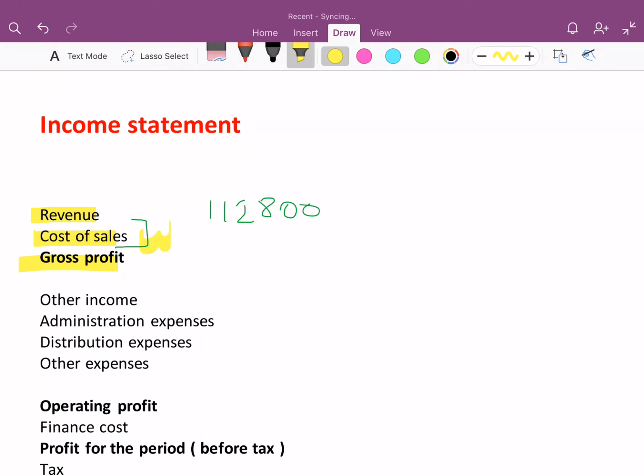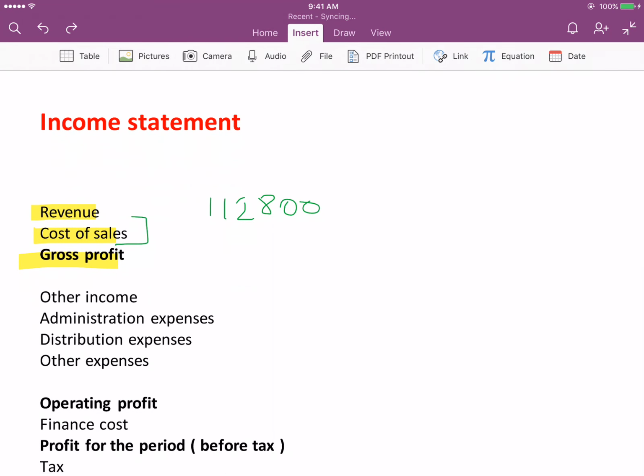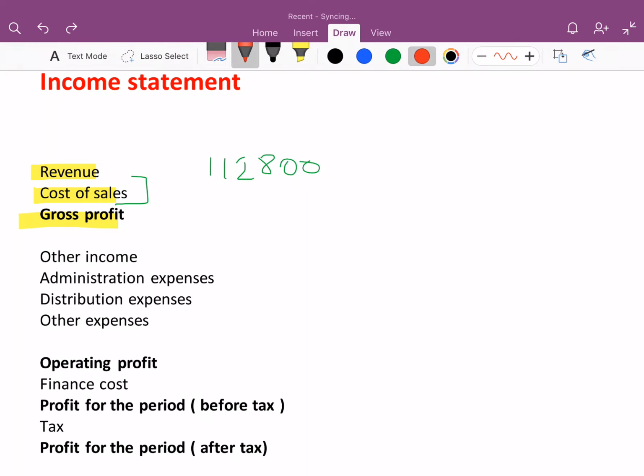So here you will say working one or whatever, so that you know it is the working that we've done. And then you're going to write down the number, which is the same number as this one.